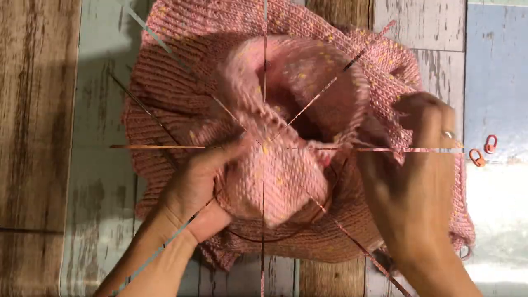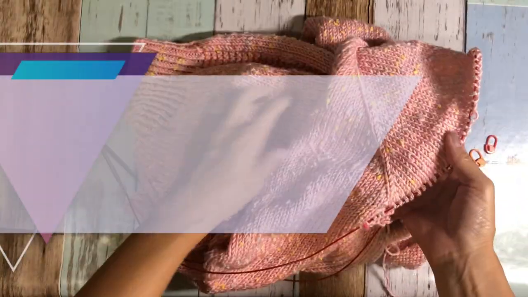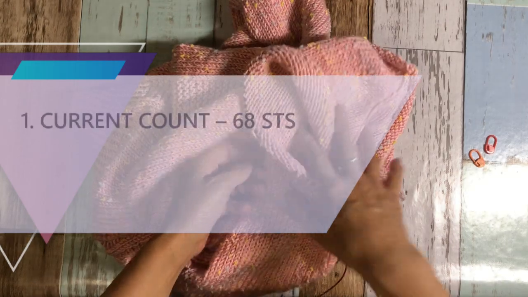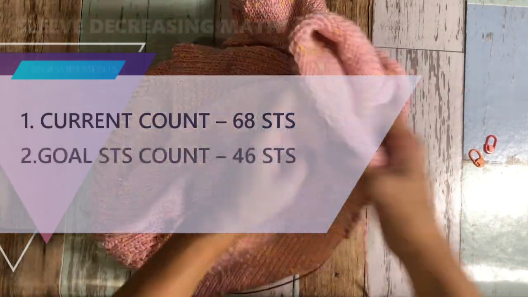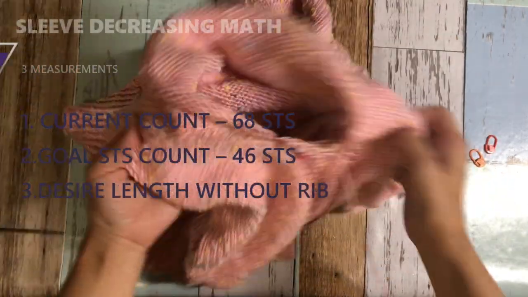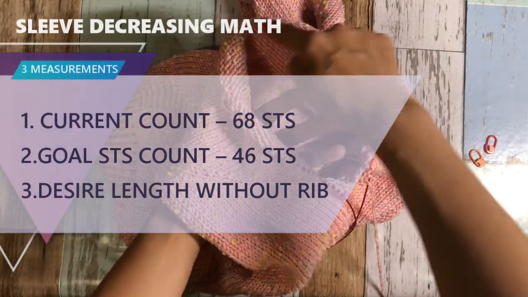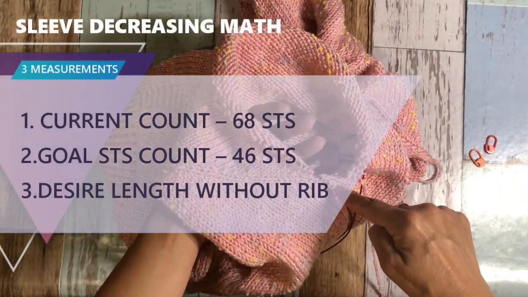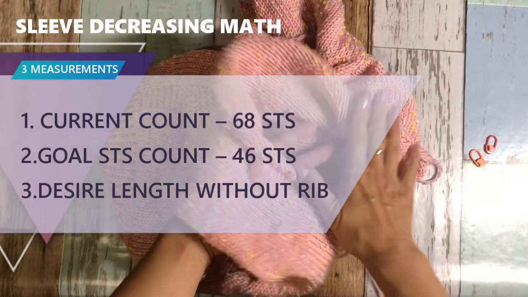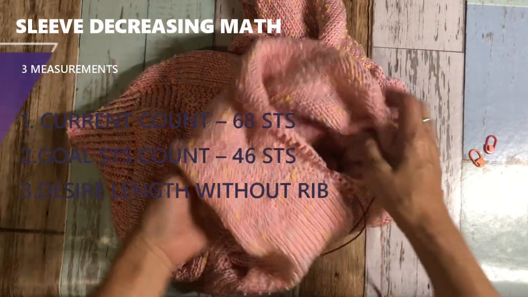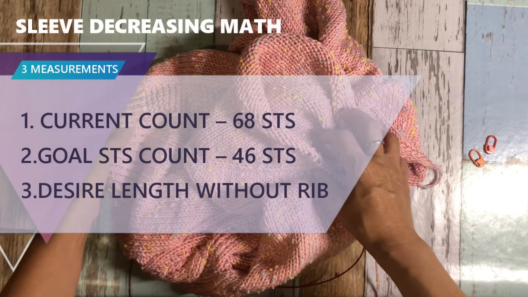Okay, so now, right after the sleeve connection, you have to do a little math to decrease a few stitches for the sleeves. So I need 3 numbers. Current stitch count, I have 68.